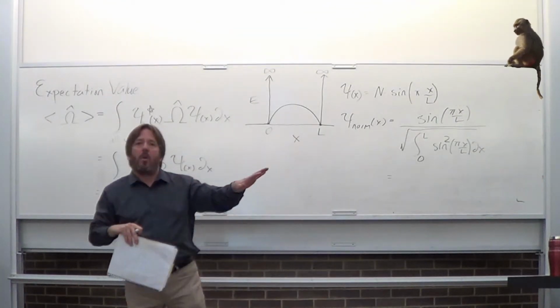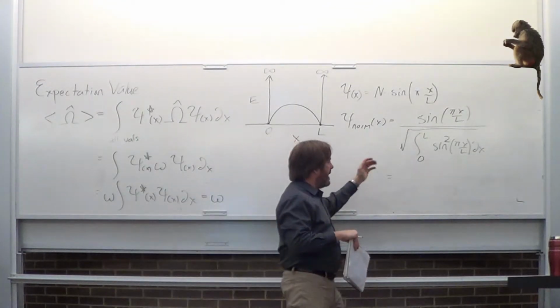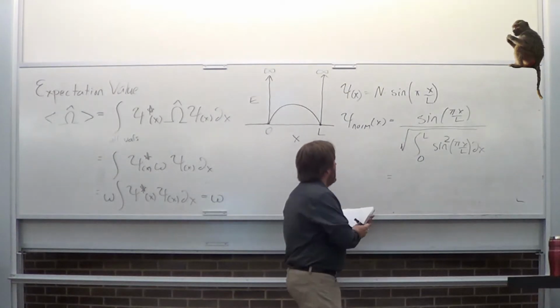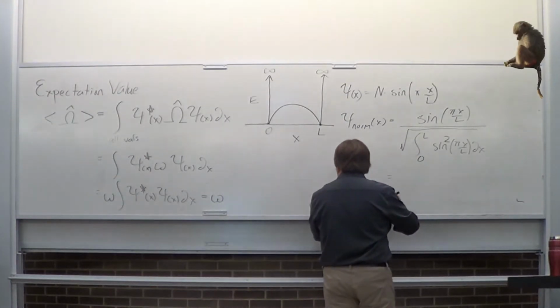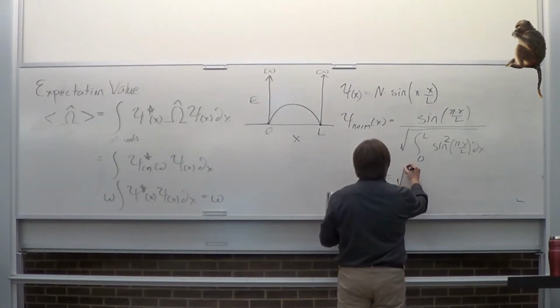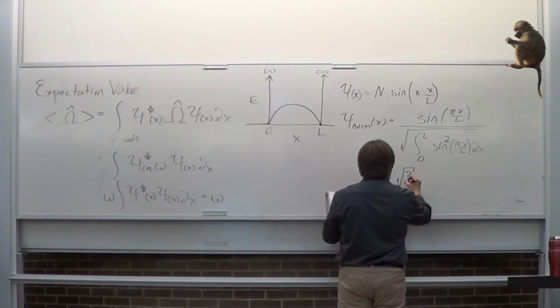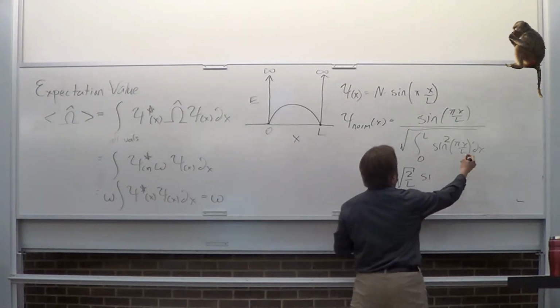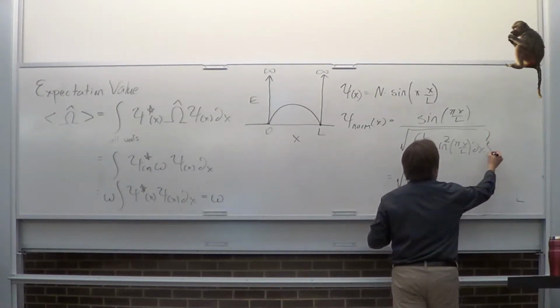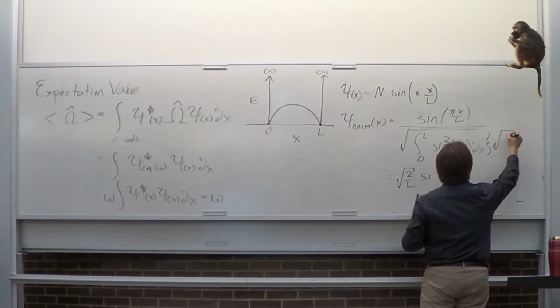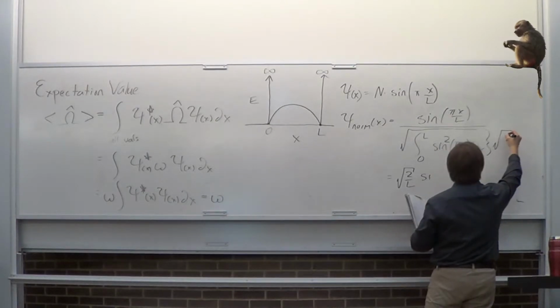And I had you do that on a homework. And you can do that as well. Then you apply the limits. So you know how to do that. I'm just going to go ahead and give you the answer because, again, this is a reasonable, easy thing. This ends up being square root of L over 2.